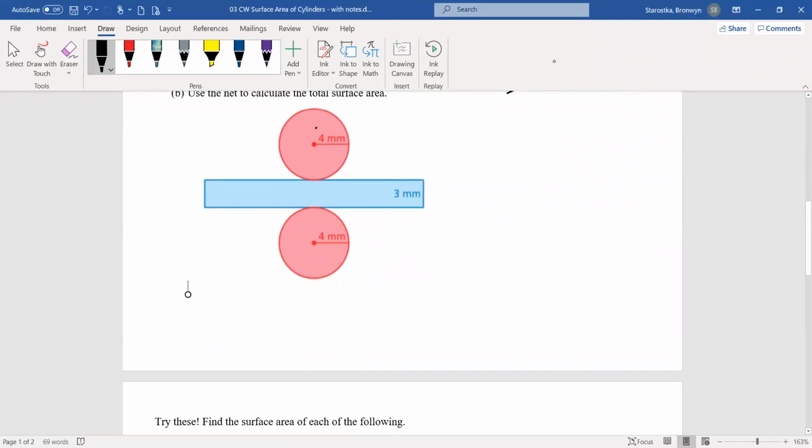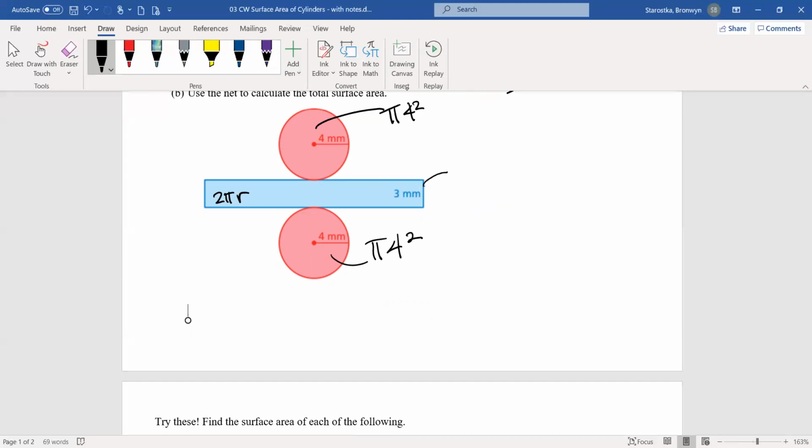Area of this circle, pi 4 squared. Area of this circle, pi 4 squared. Our circumference, 2 pi r, is actually going to be 2 pi 4, and 2 times 4 is 8.